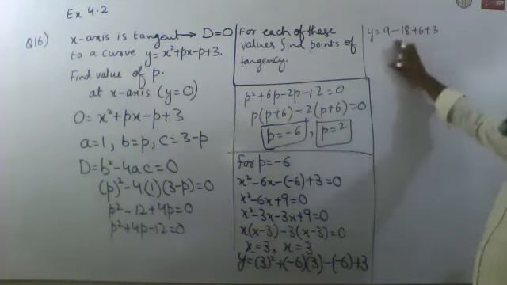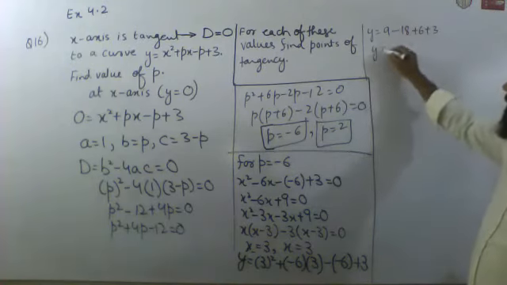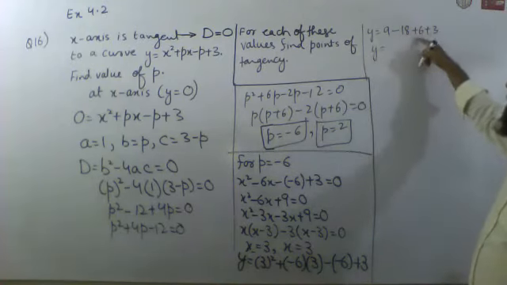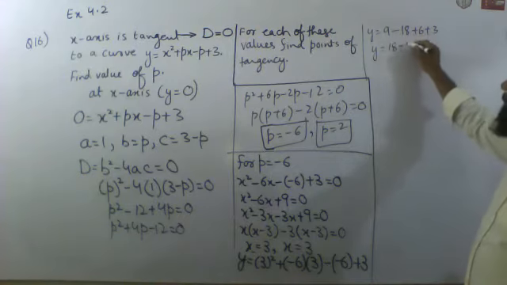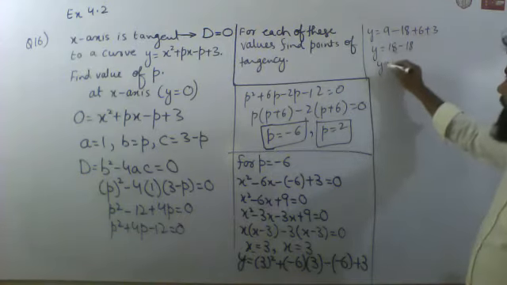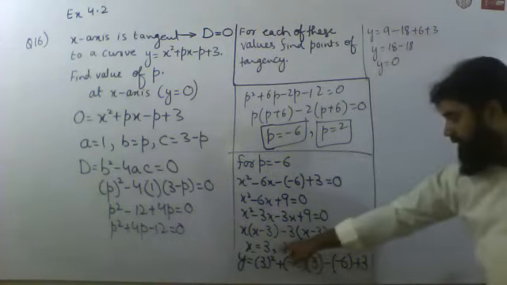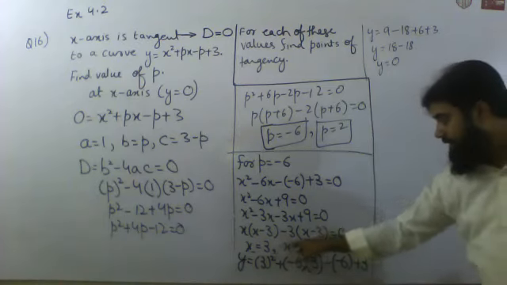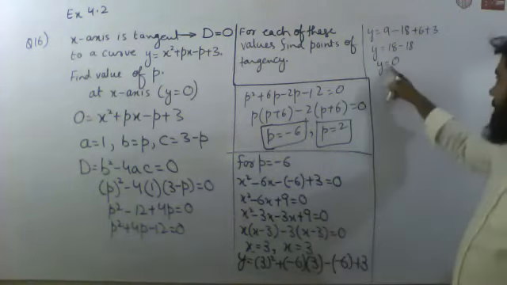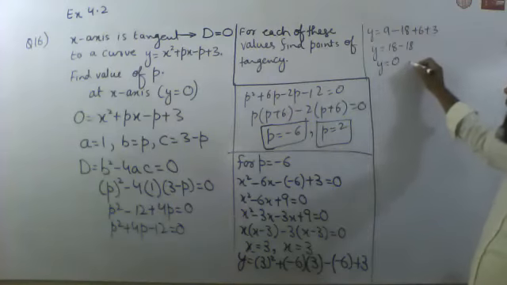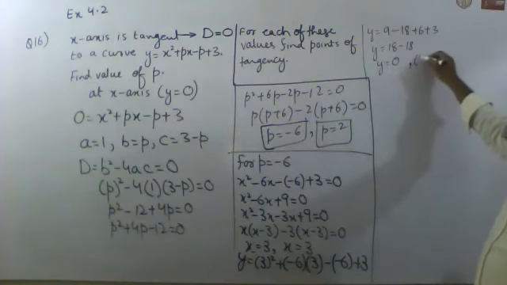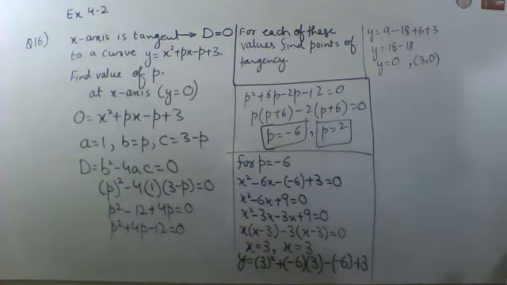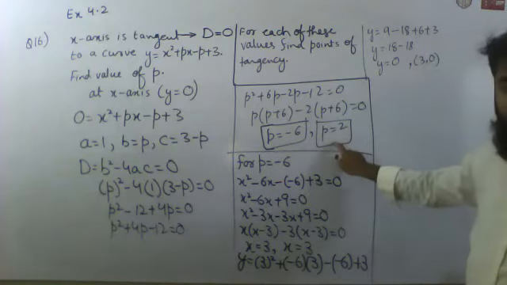So when I simplify this whole thing, 9 plus 6 is 15, plus 3 is 18, minus 18, y will be equal to 0. It means when I plotted the value of x as 3, the result of y is coming 0. So your point of tangency is 3, 0.